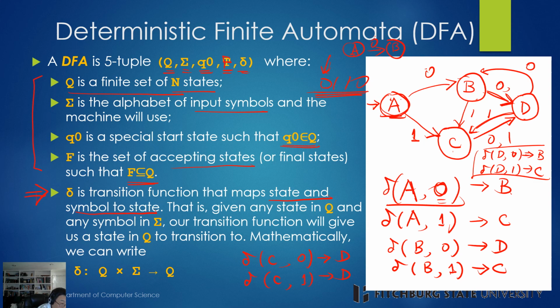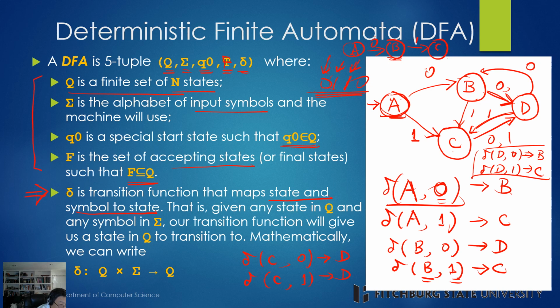Now we check the state, which is B, and the second input is 1, so we have a B and a 1. So we're going to move to C. Now C, we check the C, and then the input symbol is 1 again, right?